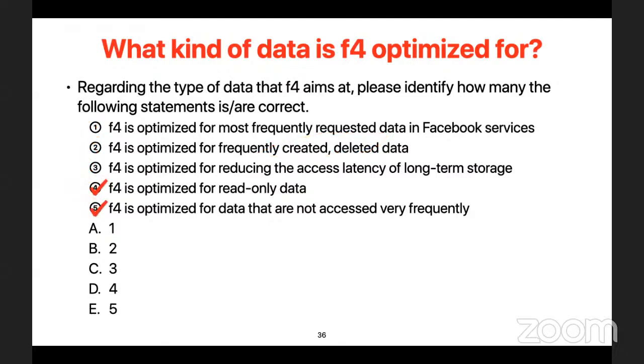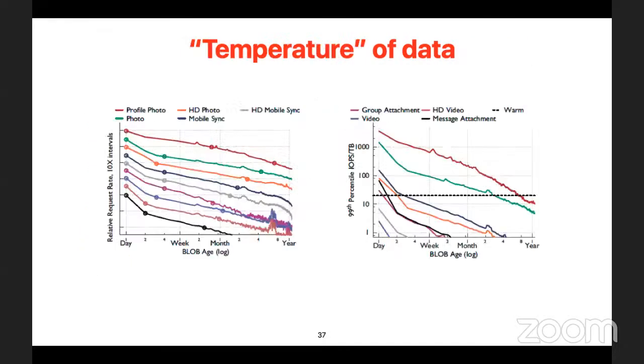So here's the thing: F4 is designed for the last two. But why is that? Because Facebook observed the social network behavior is exactly as what we said. The horizontal axis is the time, or say the age of your data, things being shared on the social network.